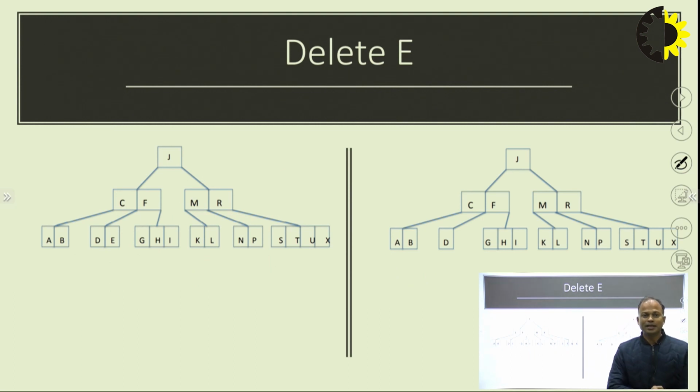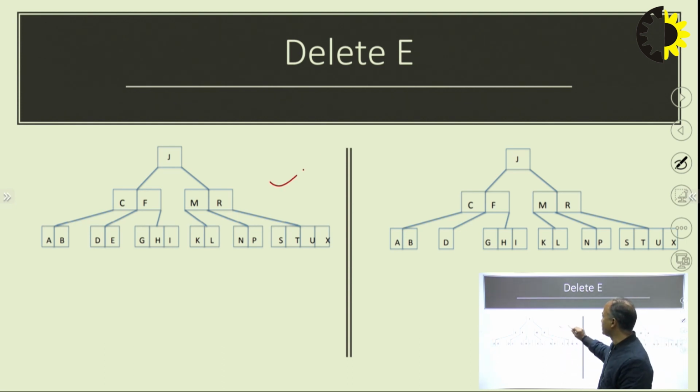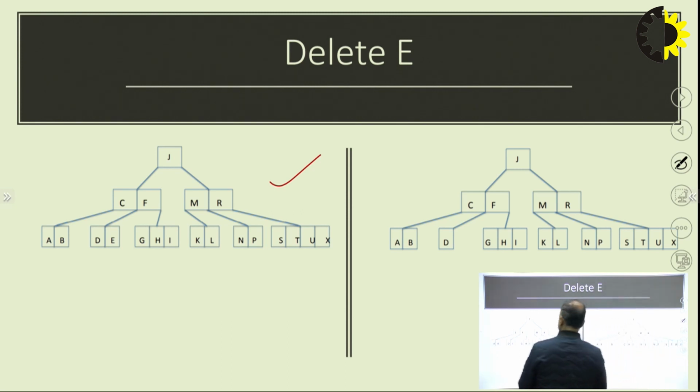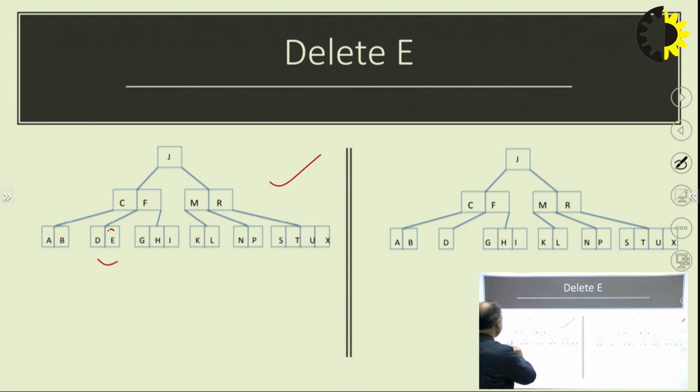Now we also try to explain the delete operation. So this is our B tree that we have created, and if we want to delete E from this, so delete E here, E is here.